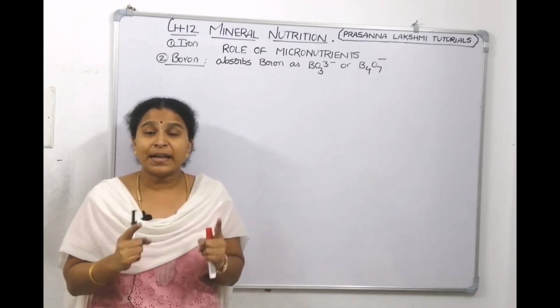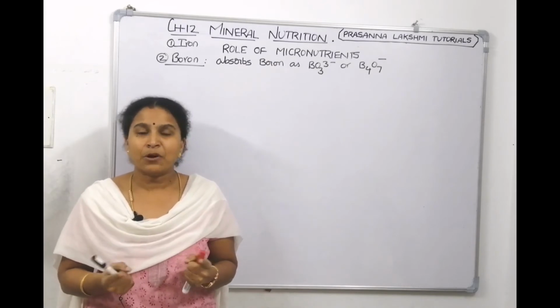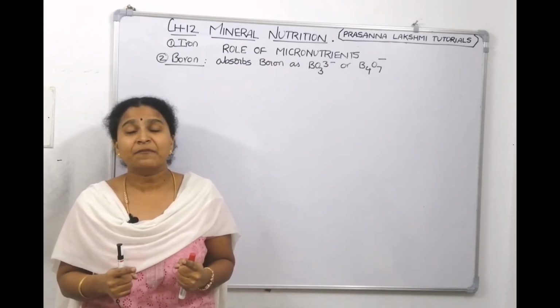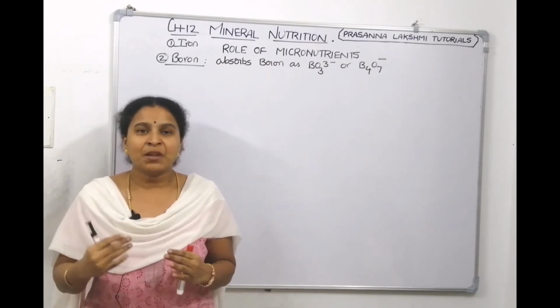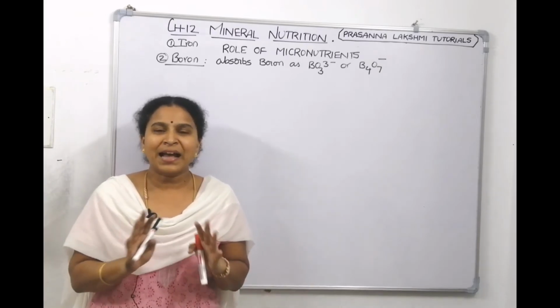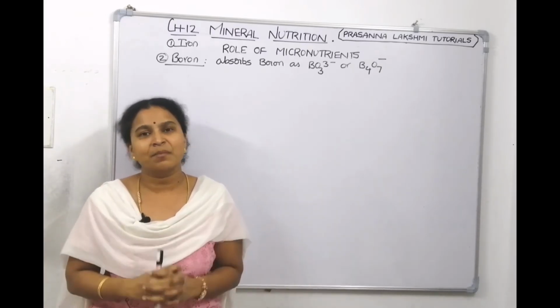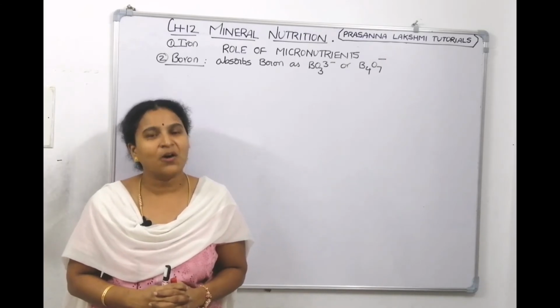Boron helps in regulation of carbohydrate metabolism in the plant. Plant, by the process of photosynthesis, what does it manufacture? Glucose. What does it store? Starch. What does it transport via phloem? Sucrose. Means plant has a huge traffic of carbohydrate metabolism. Who will control the carbohydrate metabolism? Boron.